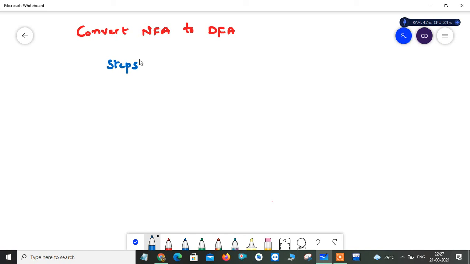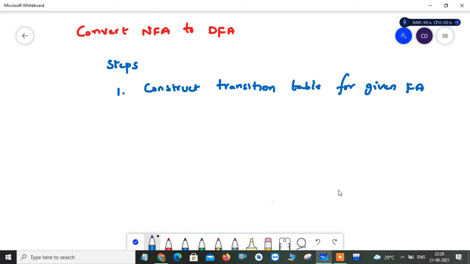If you have a state diagram, then first we have to construct the transition table for the given finite automata.